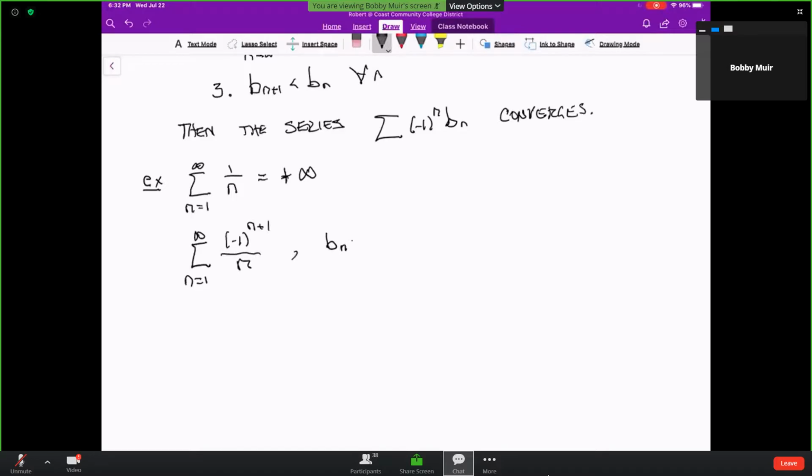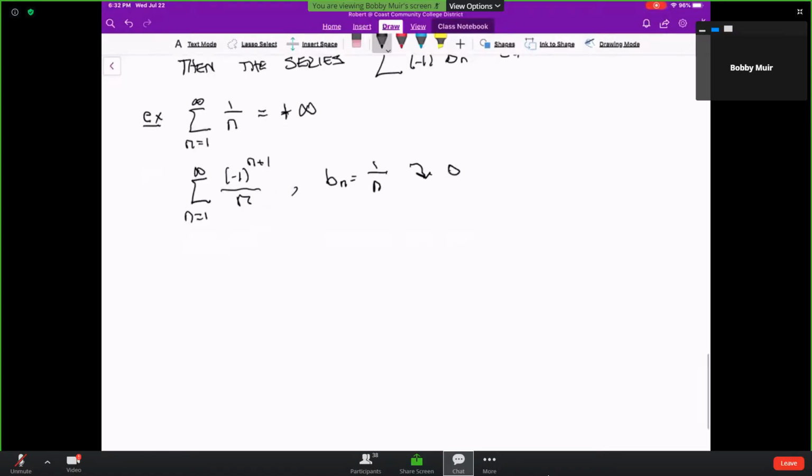The b sub n, which is 1 over n, is decreasing down to 0. So that means this series converges. Having the thing alternate apparently is enough to get this guy to converge.